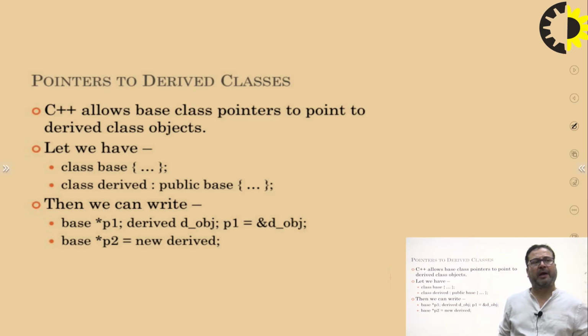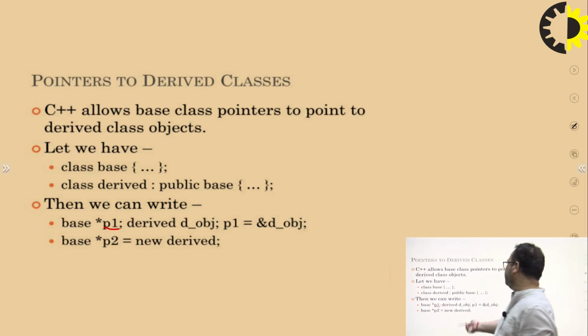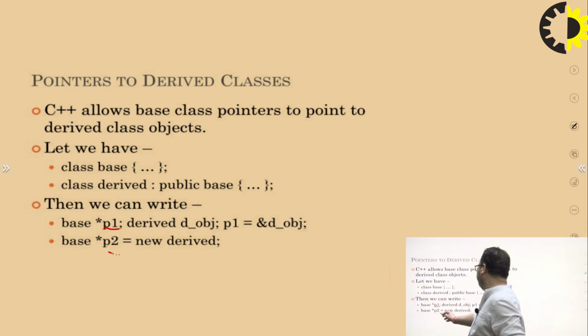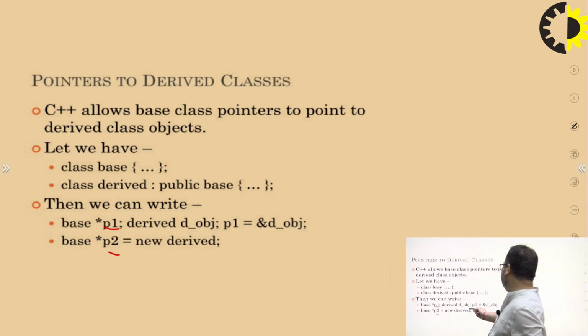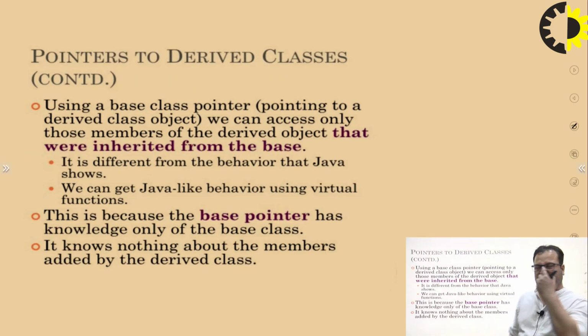Suppose we have base class pointers P1 and P2, and a derived class object. P1, the base class pointer, could hold the address of an object of the derived class, but not the vice versa. Let's see how this happens.